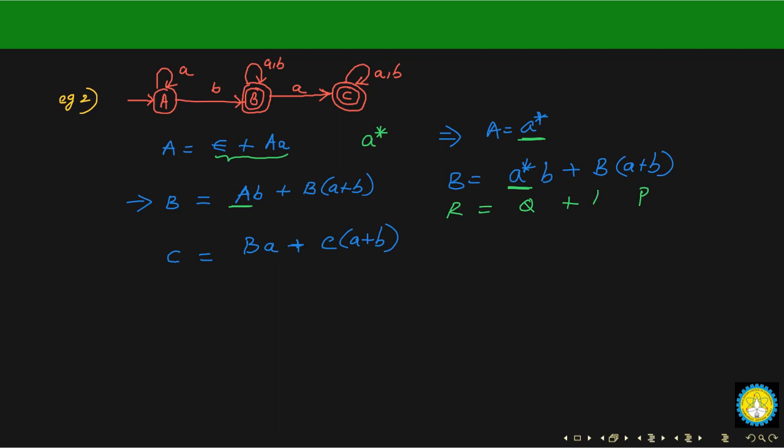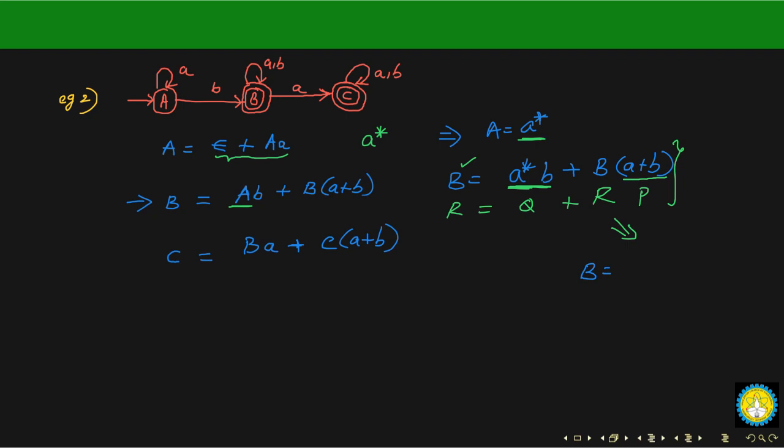In the place of R, you have B. In the place of Q, you have A star B. In the place of P, you have A plus B. So if you apply Arden's rule to this expression, we can easily derive that this B is going to be QP star.